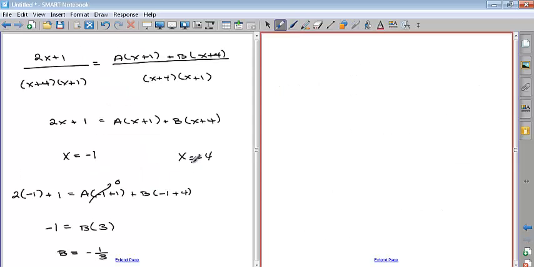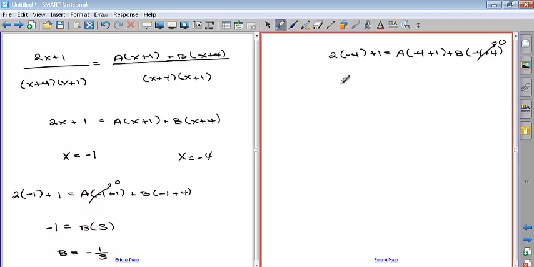And then you do the same thing with x equals -4. So you get 2 times -4 plus 1 is equal to a times -4 plus 1 plus b times -4 plus 4. Well, that's 0.